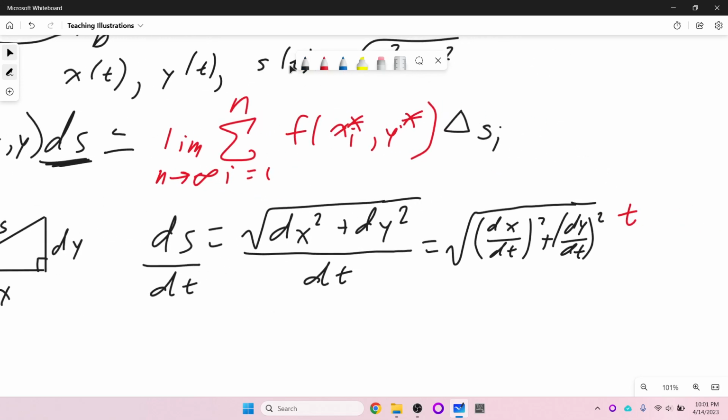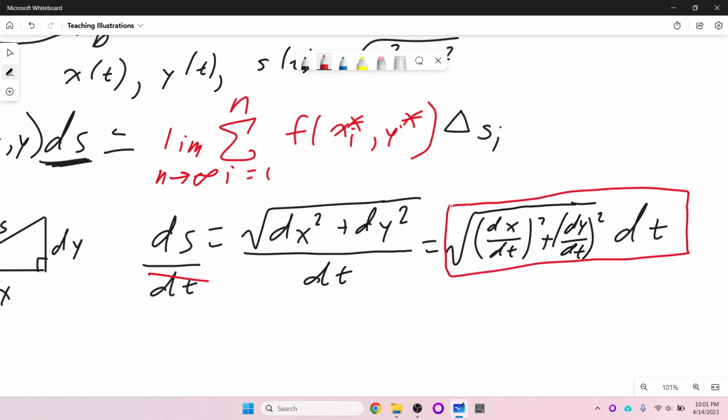Then I will multiply that dt over to the side, making it dt here. So this is part of the arc length formula. That's how we rewrite ds as the square root of dx over dt squared plus dy over dt squared, times dt. And if there's a third variable, if there's a z, you just add dz over dt squared as well.